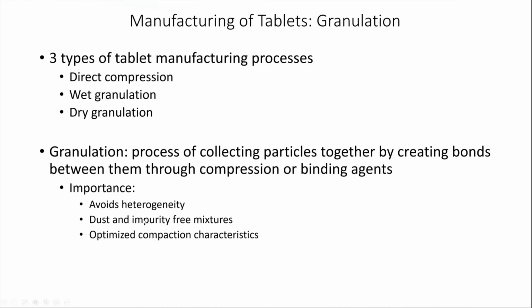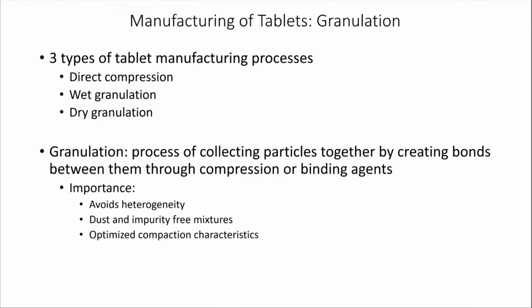Also, impurities. Impurities are more frequent in granulation techniques. There's many reasons for this, but one reason I think is very interesting is that if you have a manufacturing plant that's working on 3 drugs at the same time, and they're all tablets, you're going to have a lot of dust.